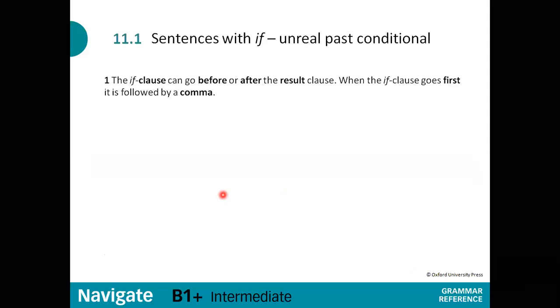When the if clause goes first, it is followed by a comma. For example, if I had known we were going swimming, I'd have brought my costume. It means I didn't know we were going swimming and I didn't bring my costume, and the sentence starts with the if clause. That's why there is a comma after the if clause.